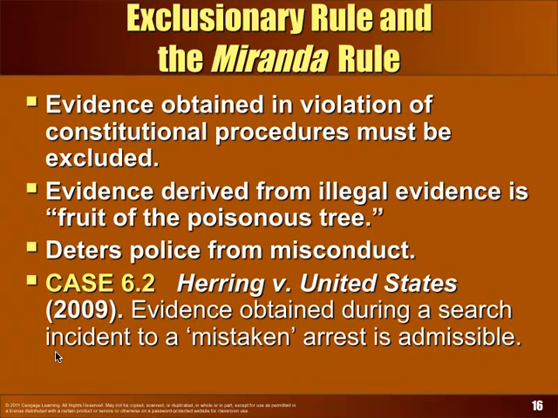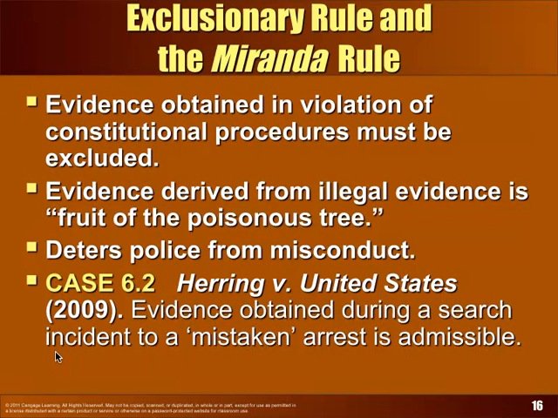All right, the Miranda rule and the exclusionary rule. The exclusionary rule says if evidence is obtained in violation of the Constitution, it should not be used at trial. So if you get evidence illegally, that doesn't mean there can't be a trial.